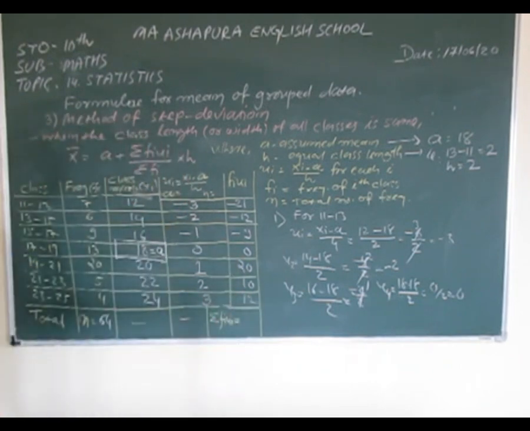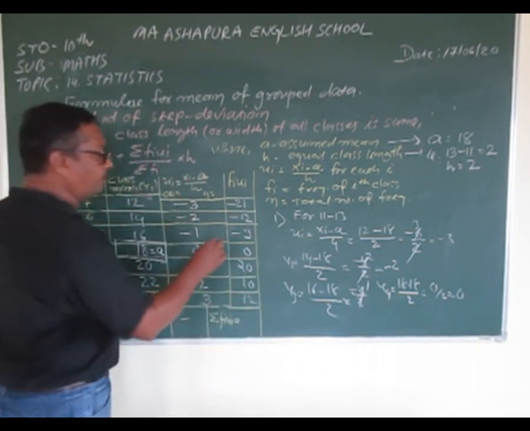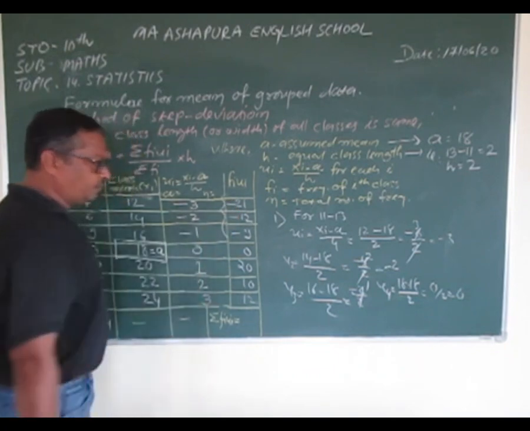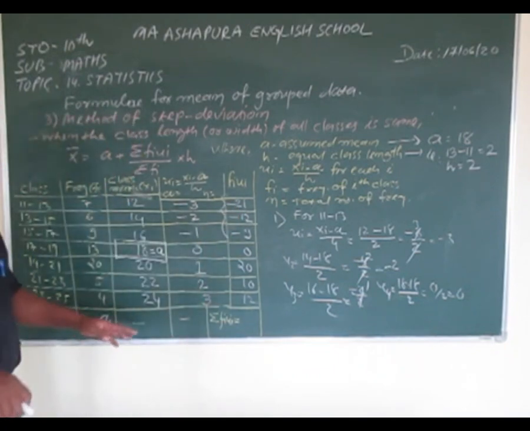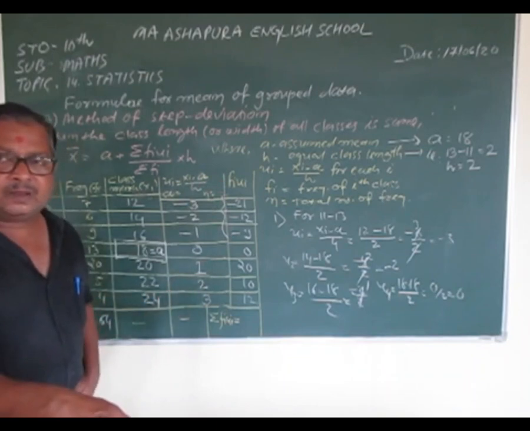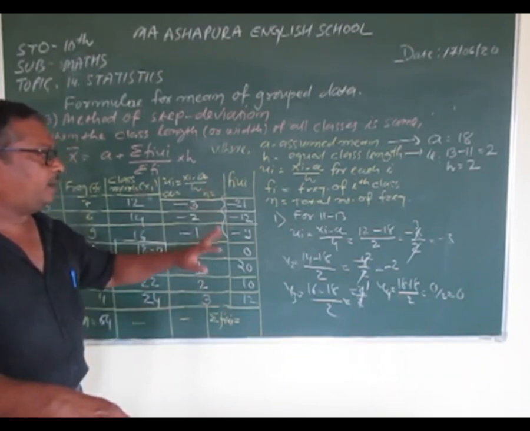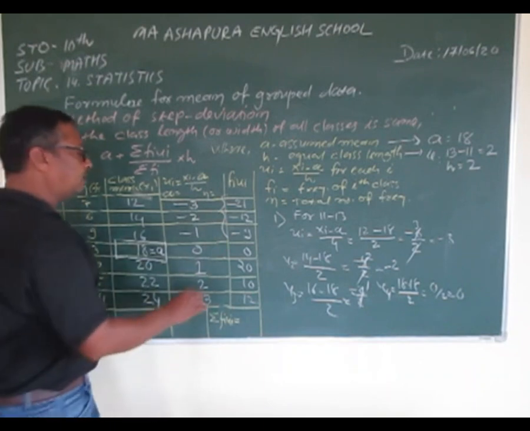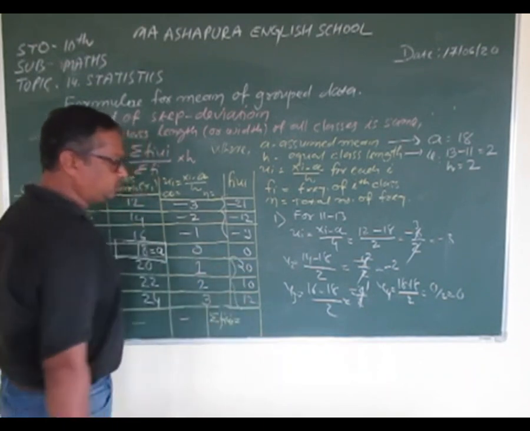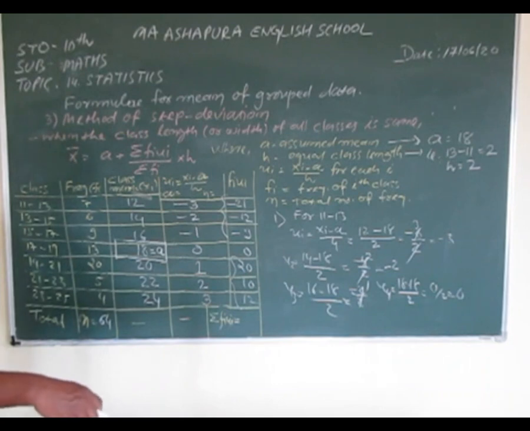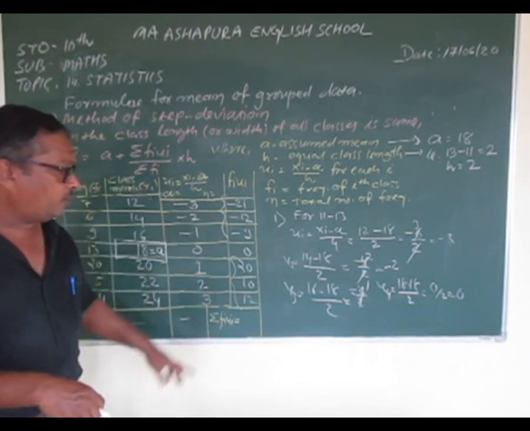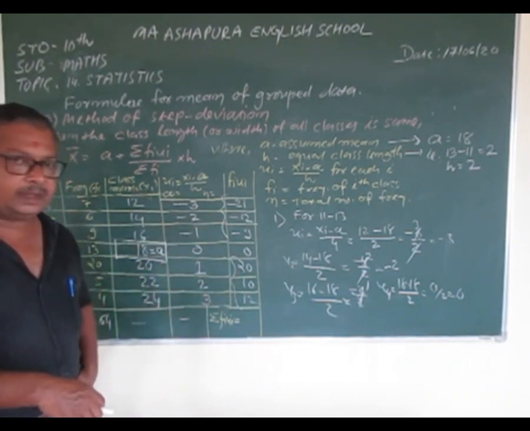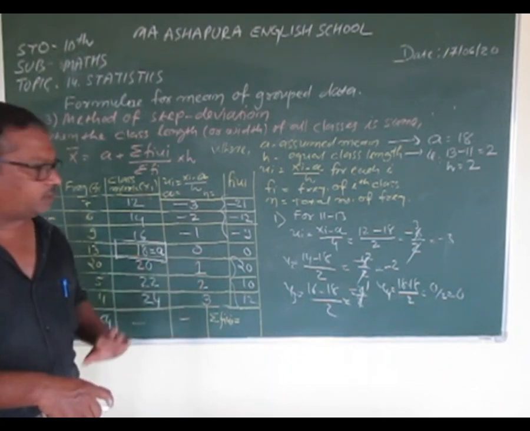Now here we get both types of product. First of all, upwards from the 0, we get the negative integers from fiui: -21, -12 and -9, and downwards from the 0, we get 20, 10 and 12. All are positive integers.